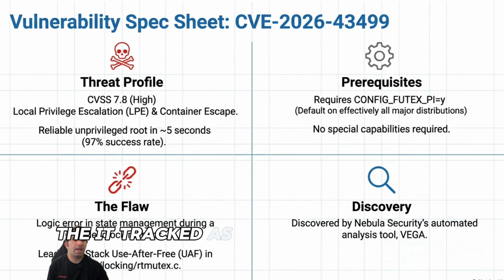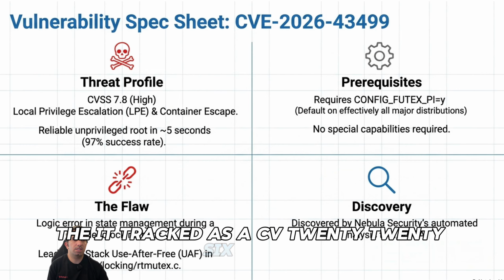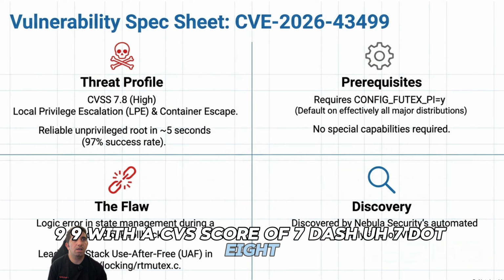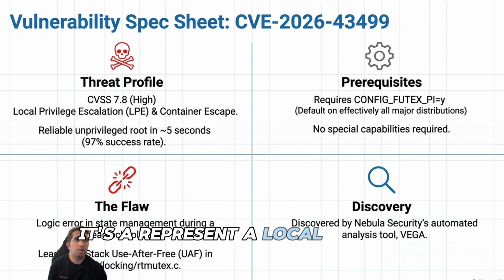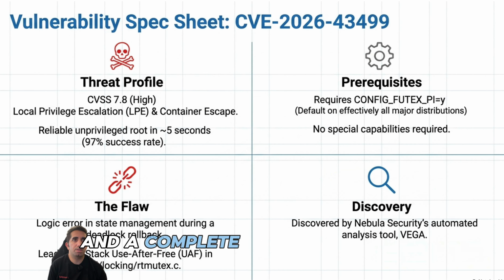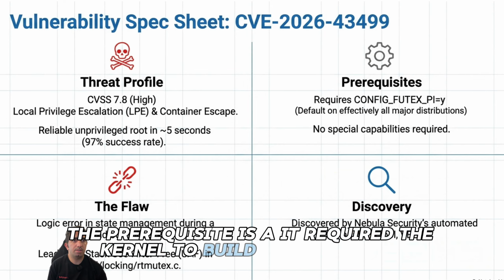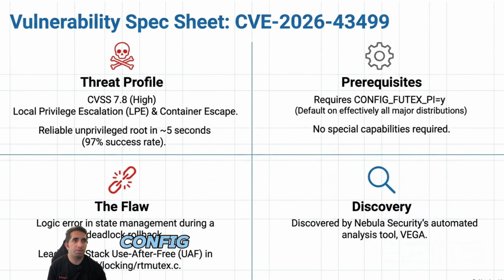It's tracked as CVE-2026-43499 with a CVSS score of 7.8. It represents a local privilege escalation and a complete container escape. The prerequisite is that the kernel is built with CONFIG_FUTEX_PI=y.